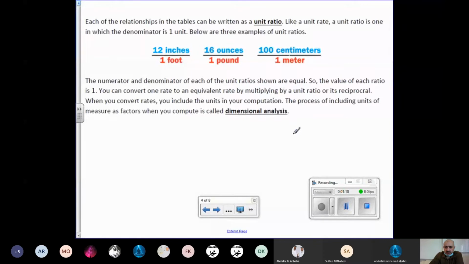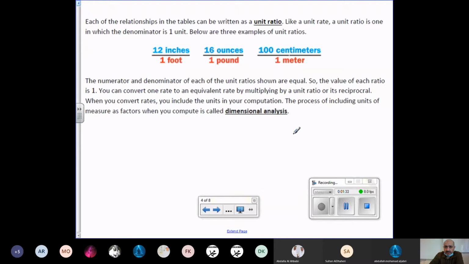So although it doesn't look like it, the numerator and the denominator are equal. 12 inches equals 1 foot. The value of each ratio is therefore 1 because any number divided by itself is 1. So just something a little different to think about.